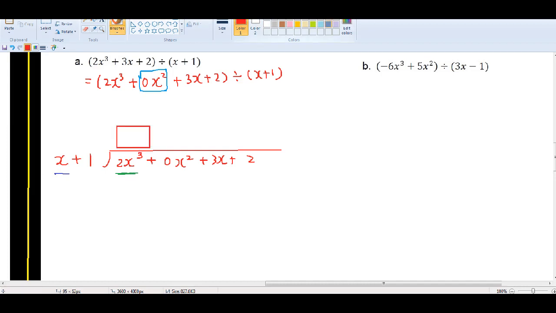Our first term comes from the leading term in the dividend divided by the leading term in the divisor. So you will have 2x squared. Use that 2x squared to multiply the terms.